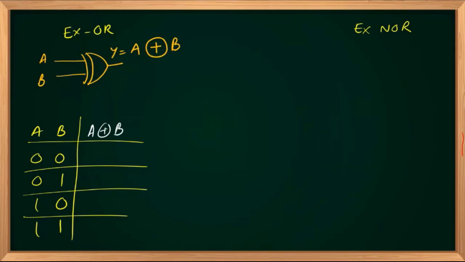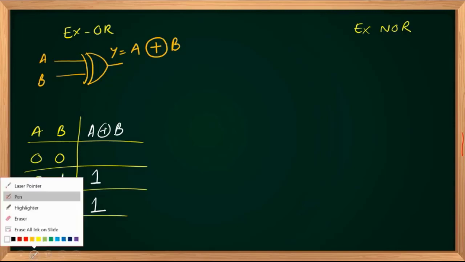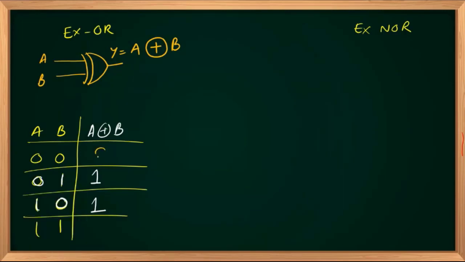If inputs are different, output will be 1. Look at this, 0, 1: inputs are different. 1, 0: inputs are different. If inputs are same, output is equal to 0.